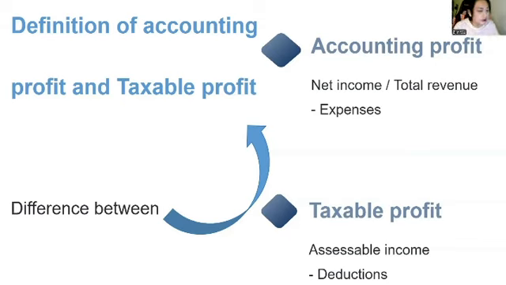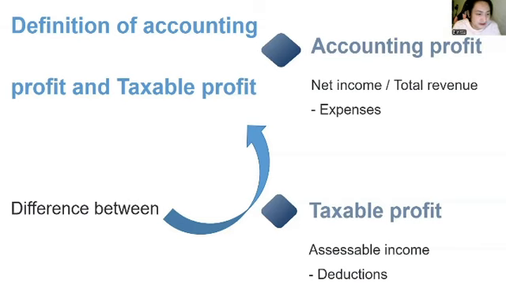And taxable income depends on accounting income and allowable deductions, which equals assessable income minus deductions. The profit is determined under Australian tax law for business operating.